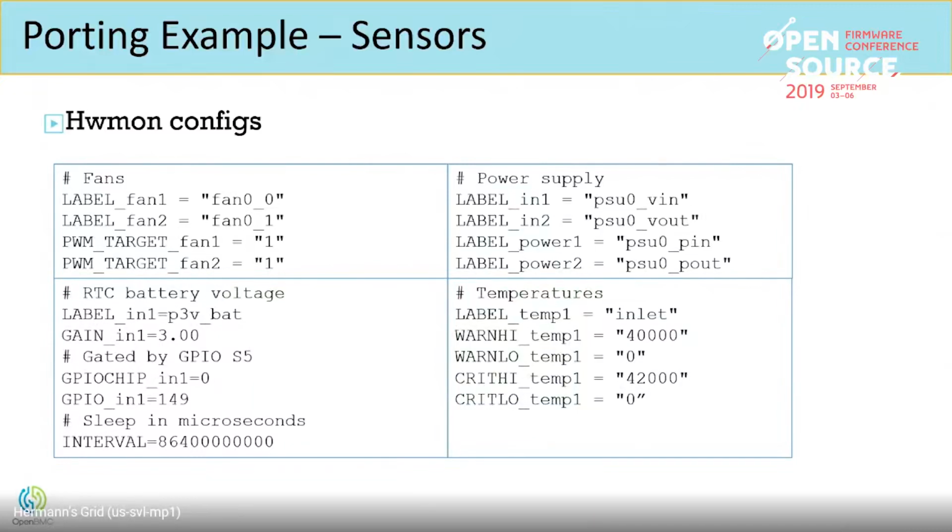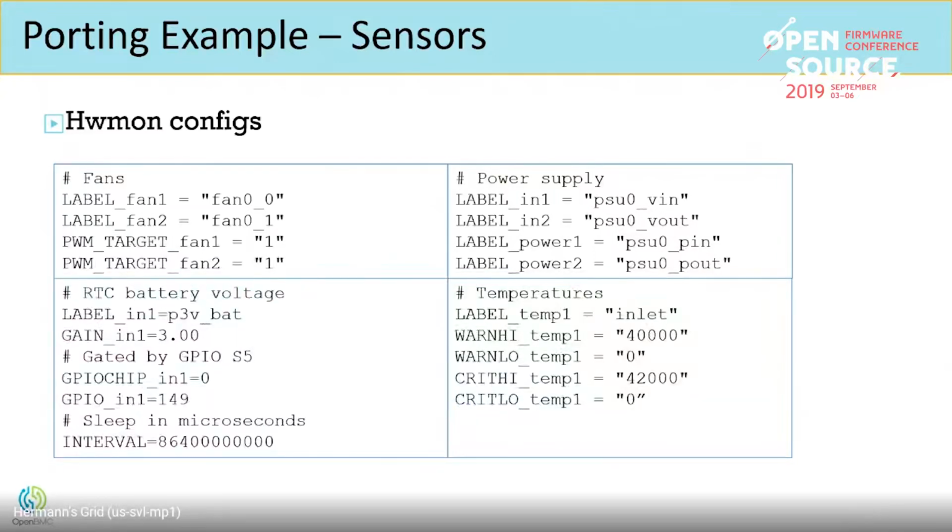And the gain is to get the actual voltage from the sensor reading. The interval specifies that the service only needs to read this sensor once a day. Otherwise, if you read the voltage frequently, it can consume the battery, so it drains the battery. That's bad.